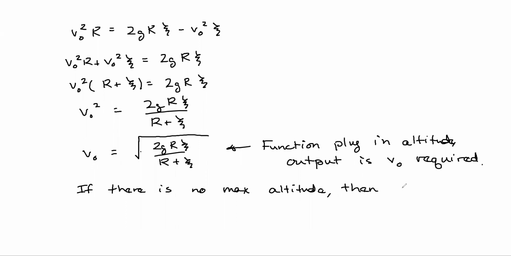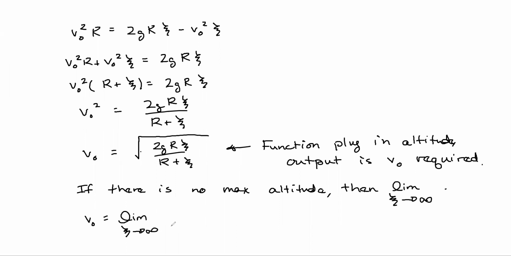Then we could model that by finding the limit as xi goes to infinity. So v naught equals the limit as xi goes to infinity, right?